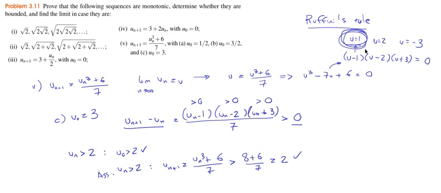But the only limits it can take are 1, 2, and 3. But the sequence is always greater than these, and it's increasing. So this cannot be true. This is a contradiction. So the sequence has no limit. The sequence is divergent. It has no upper bound. It grows up to infinity. And so that's the end of this problem.